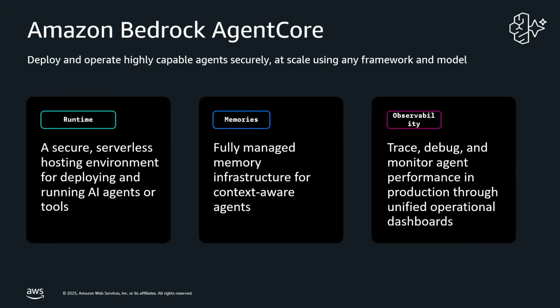The ones that we're going to be specifically covering today include Amazon Bedrock Agent Core Runtime, which provides you with a serverless hosting environment for deploying and running your agents on AWS without having to manage the complex infrastructure that comes with agentic applications. Additionally, we can enhance our agents and make them context-aware using Agent Core Memory, which provides you with a fully managed memory infrastructure for your context-aware agents.